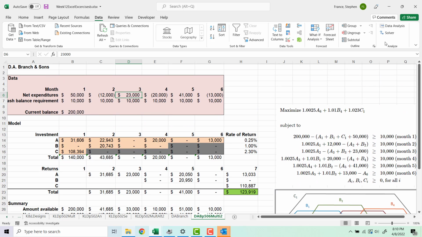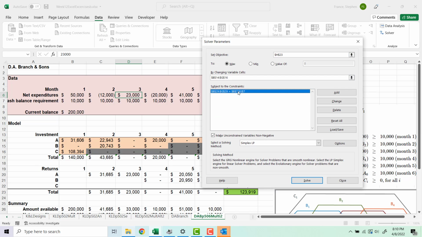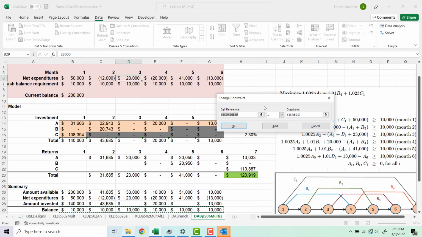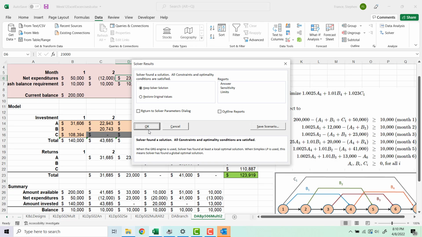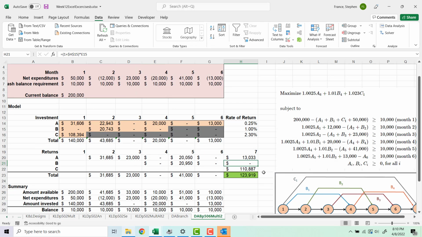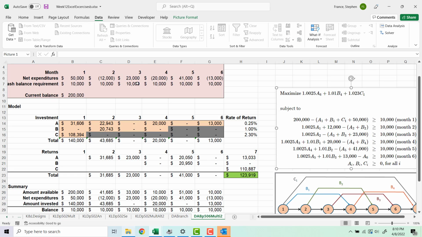Now, just for interest, let's relax this a little bit, and as per the linear program, let's use greater than or equal to as our constraint. And we get exactly the same value. I did it as equal to $10,000, but greater or equal to $10,000 works simply because if we have additional cash beyond what's required, we're not using that cash to invest.